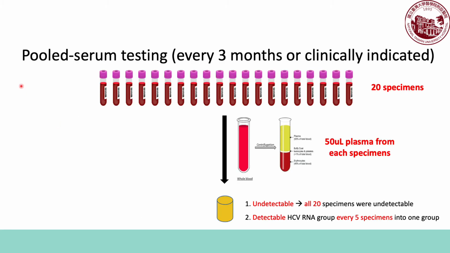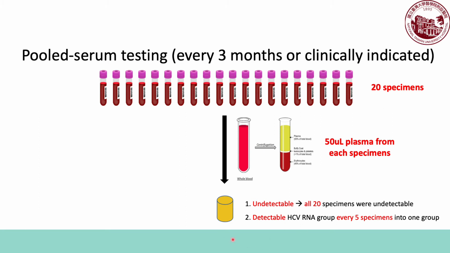This is how our three-stage pooled serum HCV RNA testing was performed. It is performed every 3 months or when clinically indicated. We put 20 specimens into one tube and tested once for HCV RNA. If the result is undetectable, then all 20 specimens were considered negative for HCV RNA.